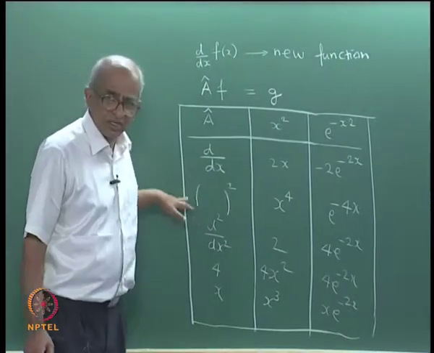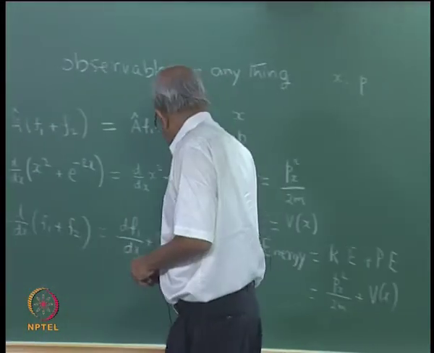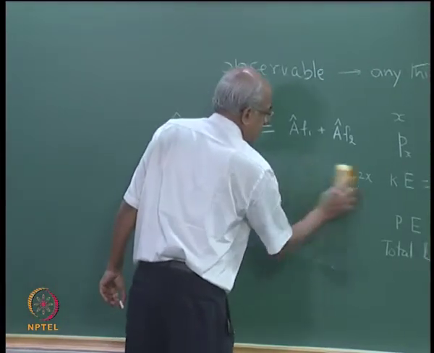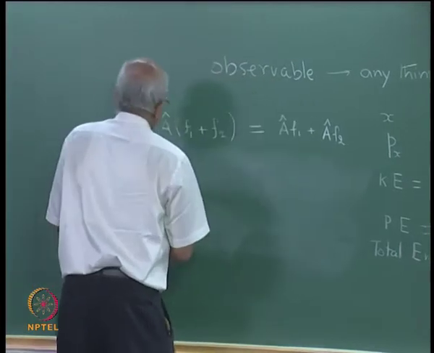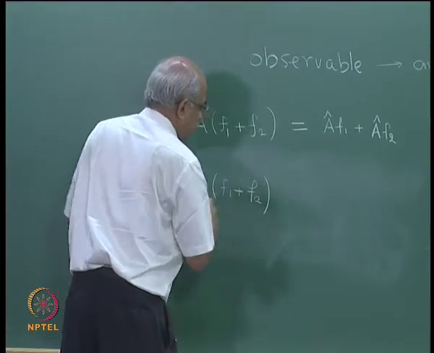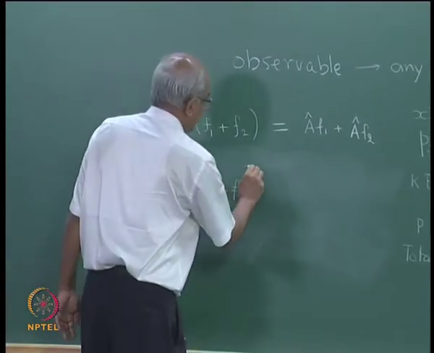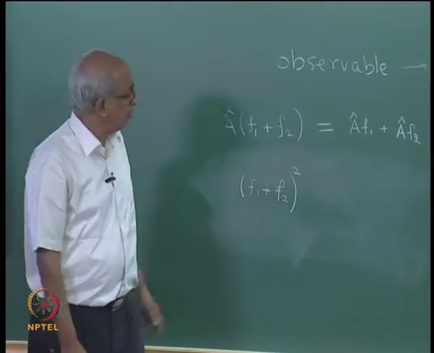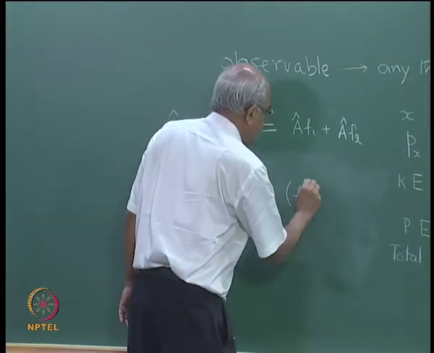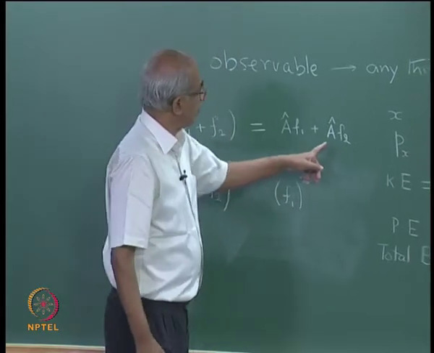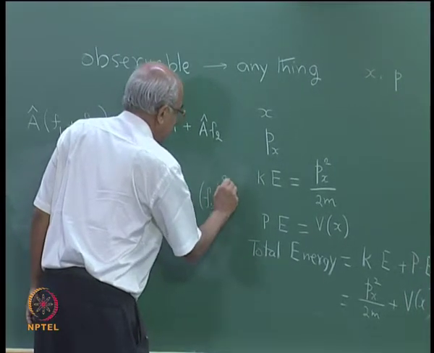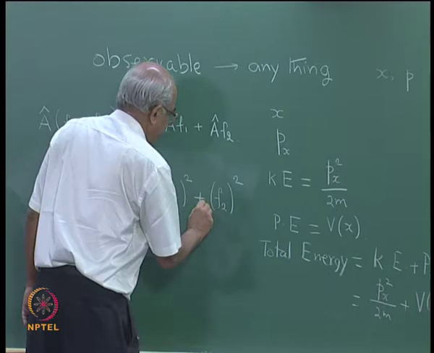What about the operator taking the square? Let us examine whether this is a linear operator. Taking the square, you would have f1 plus f2; if this is your sum, you take the square of that. Now, if that operation is performed on f1, the answer is f1 square, and if the same operator operates upon f2, the answer is f2 square, and if I sum the two, I get this.